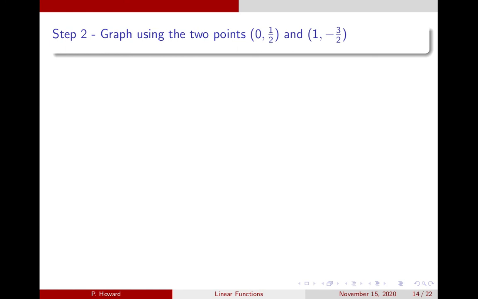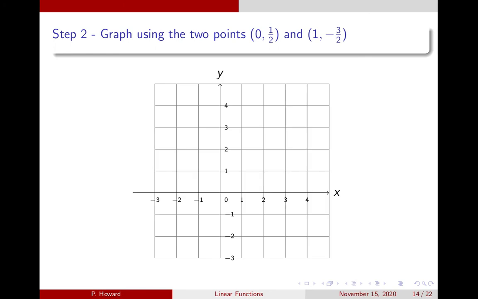Then step 2, we draw the graph using the 2 points, just like we did in the previous example. So here's my coordinate system. I locate the points 0, 1/2. That will be 1/2 unit up from 0.